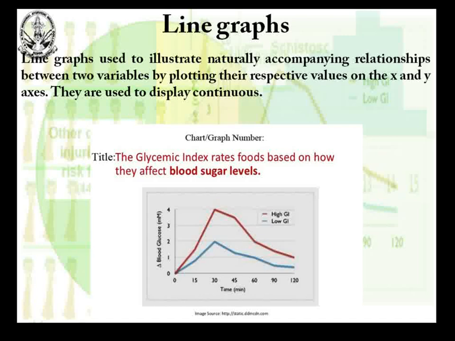They are used to display continuous data and in prediction of trends, slopes or events for the future. In this example, we have the chart or graph number, followed by the title: the glycemic index rates foods based on how they affect blood sugar levels. Then the graph is on x and y coordinates only. And at the bottom, you can see the source is given.